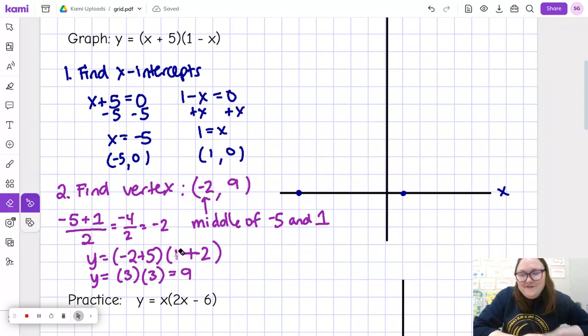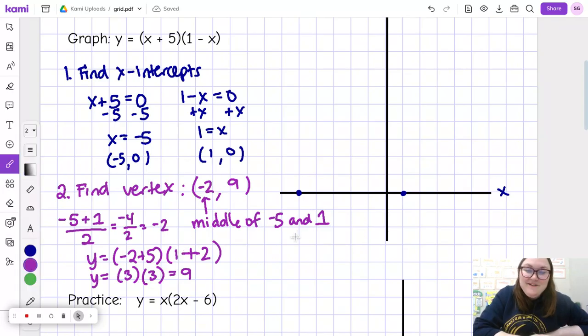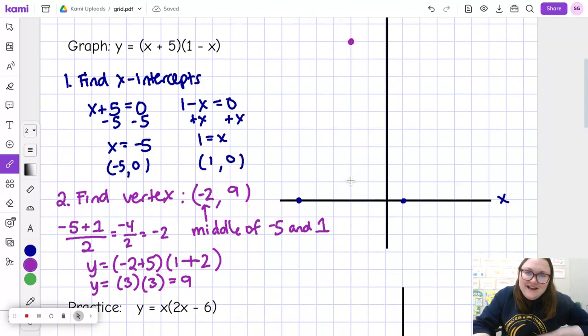Now I have all the information I need to help me finish graphing this. My vertex is going to be at -2, which we already said is right here, but it's at -2, positive 9. So I go over to -2, and then I go up 1, 2, 3, 4, 5, 6, 7, 8, 9. And that is another point on our line.